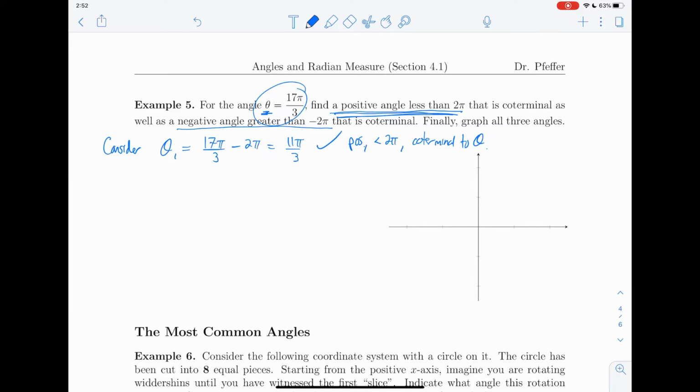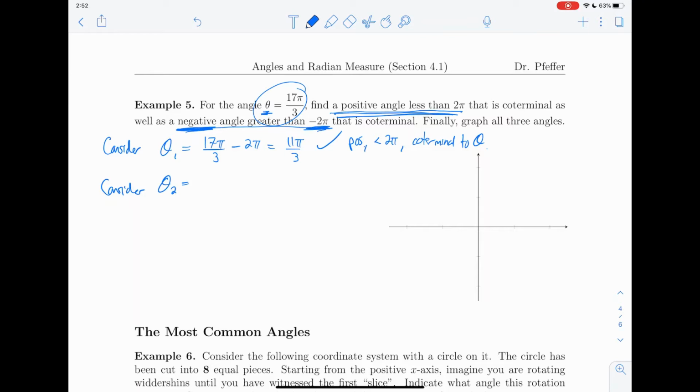Now we want a coterminal angle that is negative, greater than negative 2 pi, and coterminal. If we want it to be coterminal, we can again consider, say, theta 2. It still has to be a different name. 17 pi over 3 minus 2 pi was 11 pi over 3, and that wasn't quite negative.